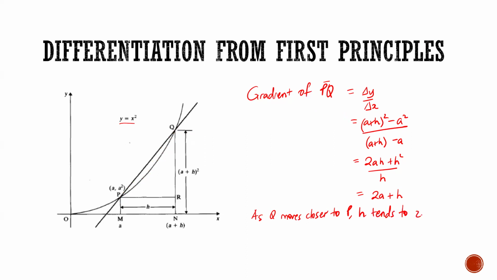That's what happens. Because h is the length MN, you can see that as Q moves closer to P, MN becomes smaller and smaller. So as Q moves closer to P, h tends to 0.